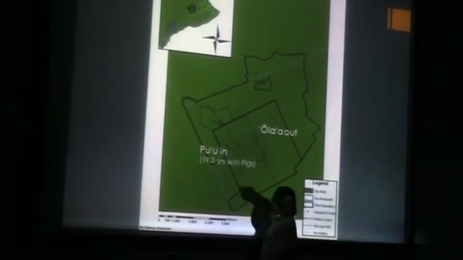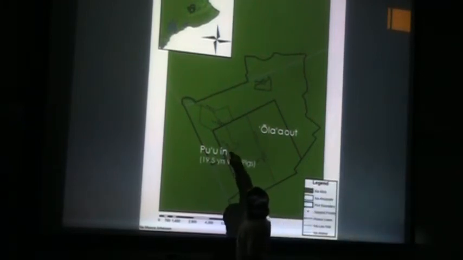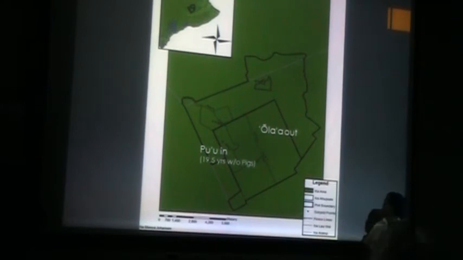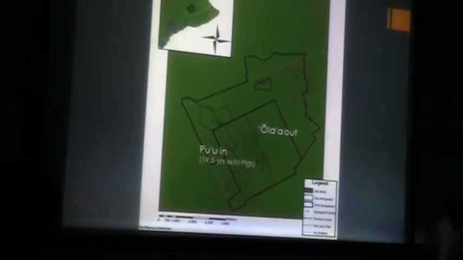You gotta hike along the fence over here to go here, and you go this way to Ola'a. Ola'a is how we say pig-free zone. No, yeah, pig-free. No, because they're up.